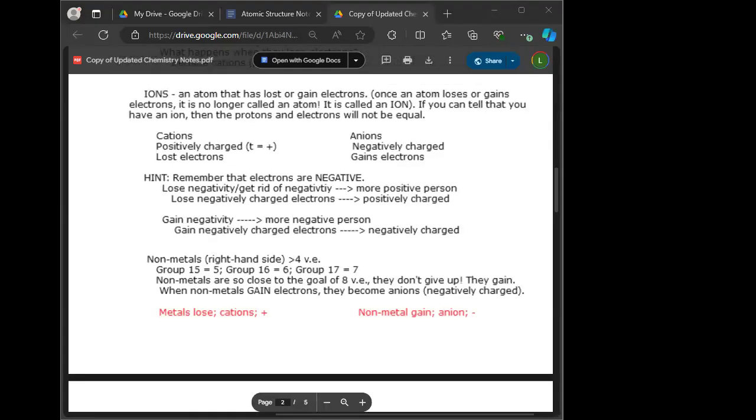Okay, then nonmetals. Nonmetals are more on the right-hand side of the periodic table, and they tend to have more than 4 valence electrons.